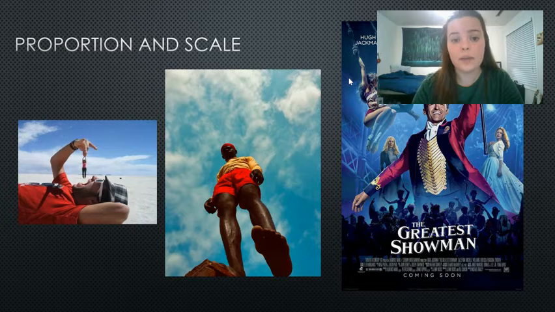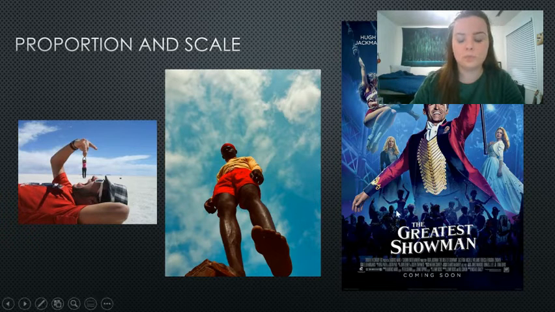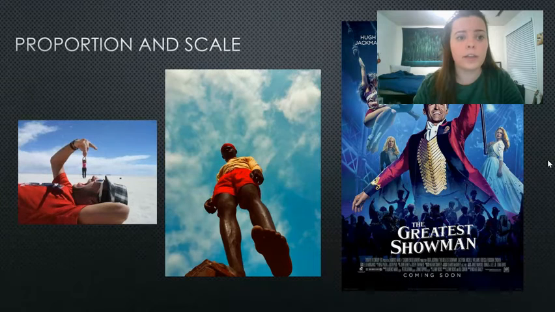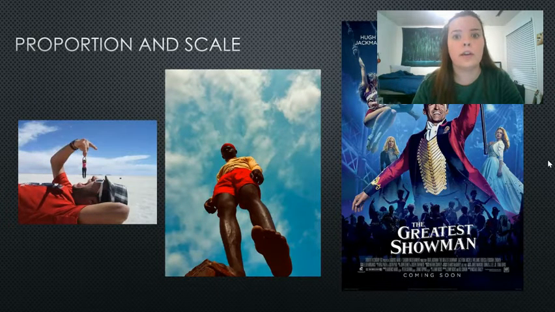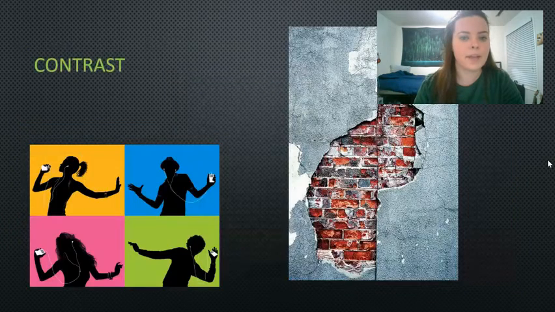But because of the use of scale, it's a lot bigger, and they're making a statement about that. And so, going off of that, this is an important principle to kind of play around with and that you can use in your artwork sometimes.